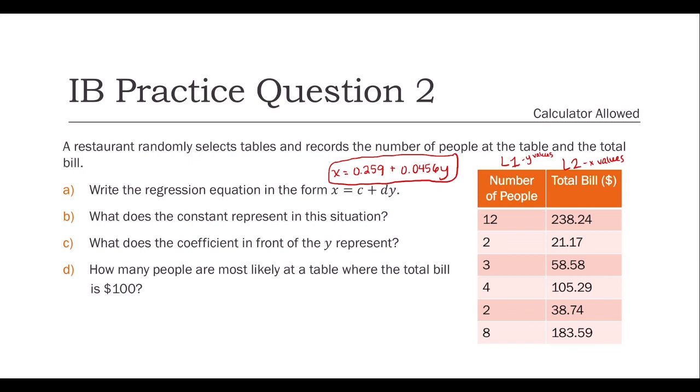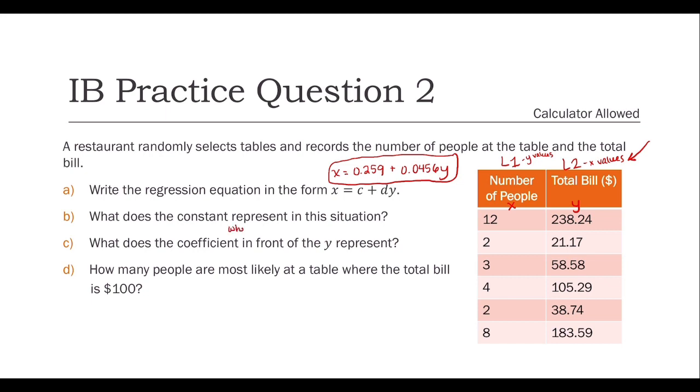For part B, it says, what does the constant represent in this situation? So our constant is 0.259. So our number of people is x and our total bill is y, even though we entered it differently here. That's just how we create the equation. So our constant is when y is 0, when the total bill is 0, then the number of people is 0.259.